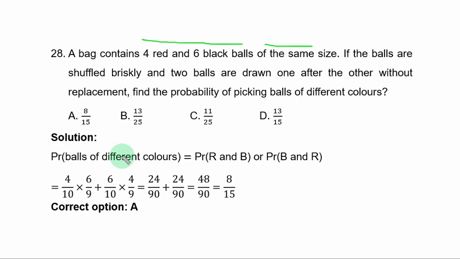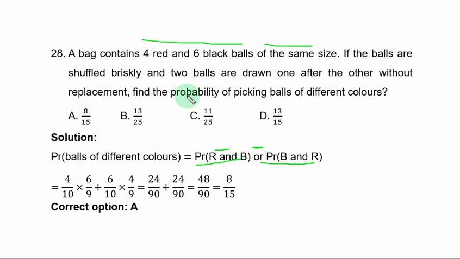So you have it that the probability that different colors were picked are probability red and black, or probability black and red, and "and" implies multiplication while "or" implies addition. Total balls are 10.